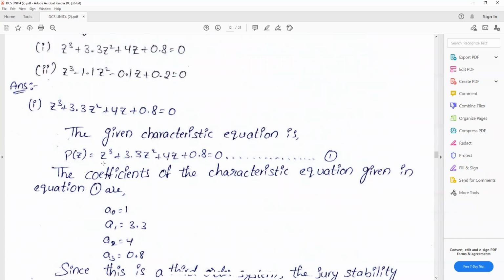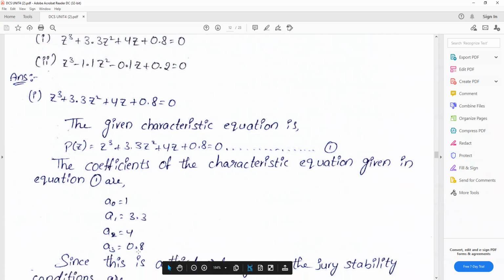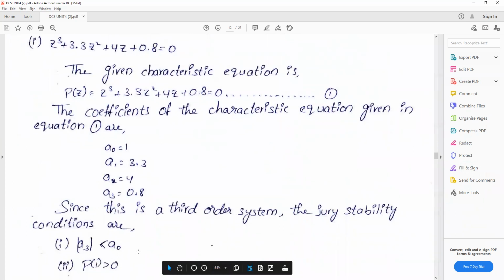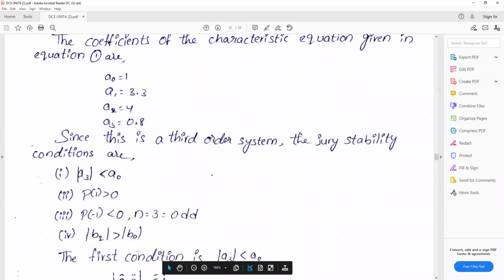So a naught, the coefficient of z power 3, is 1, a1 equal to 3.3, a2 equal to 4, a3 equal to 0.8. Since this is a third order system, find the four conditions.